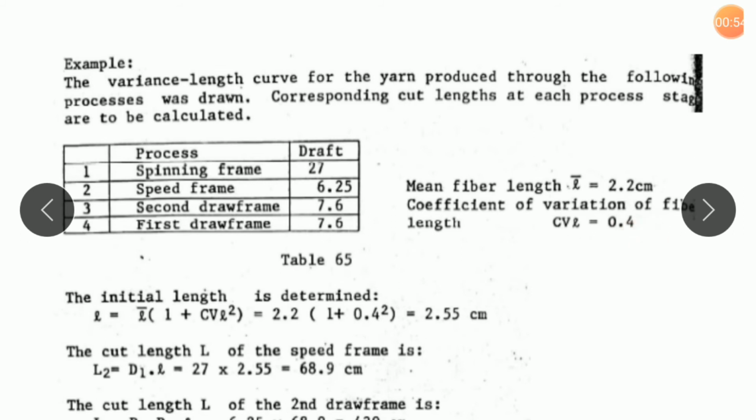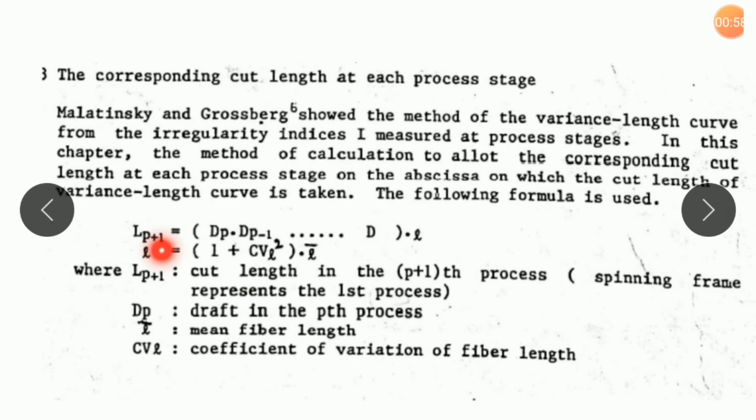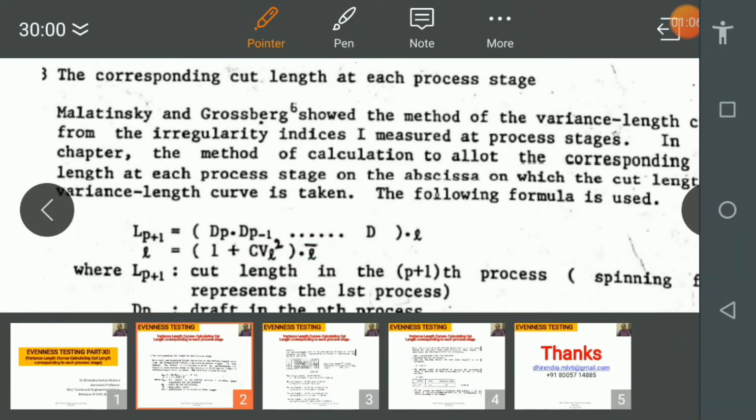So let us first calculate the value of L. L is equal to 1 plus fiber length CV squared, into mean fiber length.